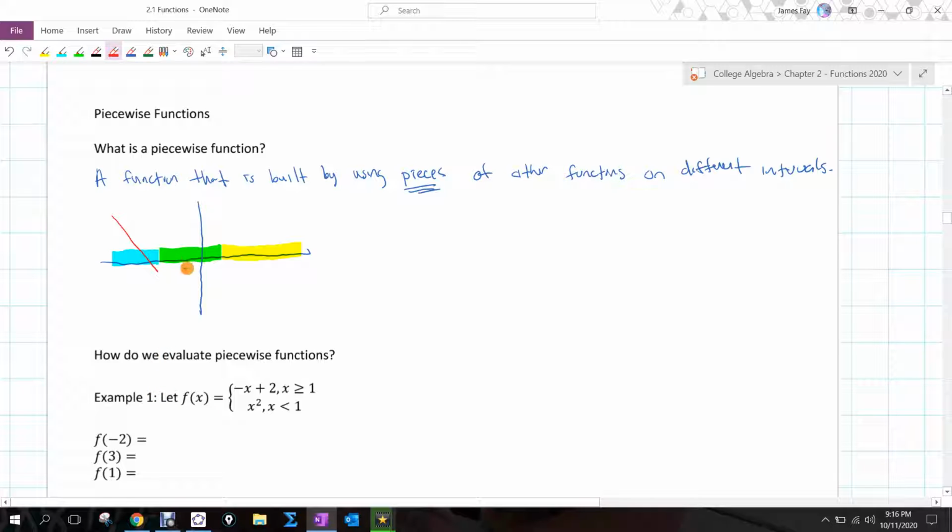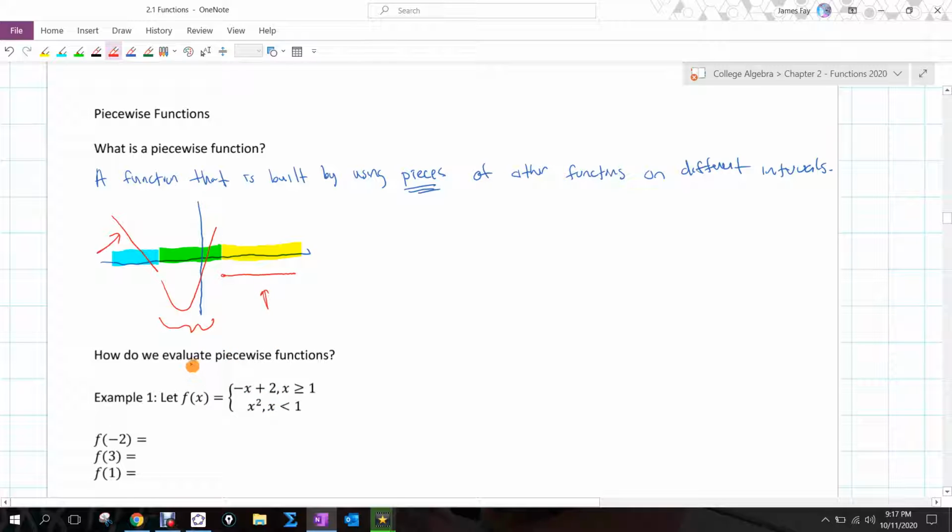In the green interval, we might have maybe that parabola. And in the yellow interval, maybe we have that line. And we see that these are three different functions. It still all passes the vertical line test, but this is a piece of a line. This here would be a piece of maybe a parabola, and here's a piece of another different line than what we started with.